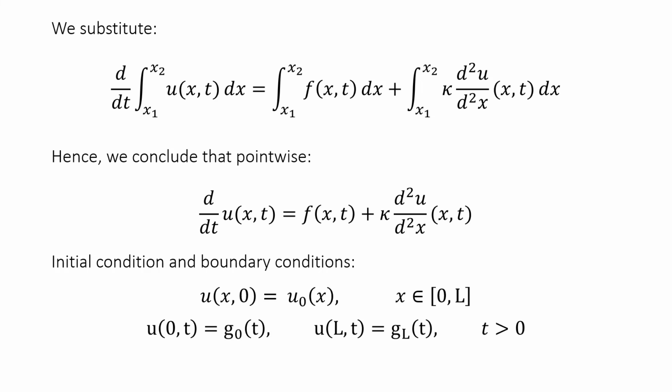And in addition to that, for all positive times t, we have that u(0,t) equals g0(t), and that is the temperature at the left endpoint of the interval. And then on the other hand, u(L,t) equals gL(t). That is the temperature at the right endpoint of the interval.